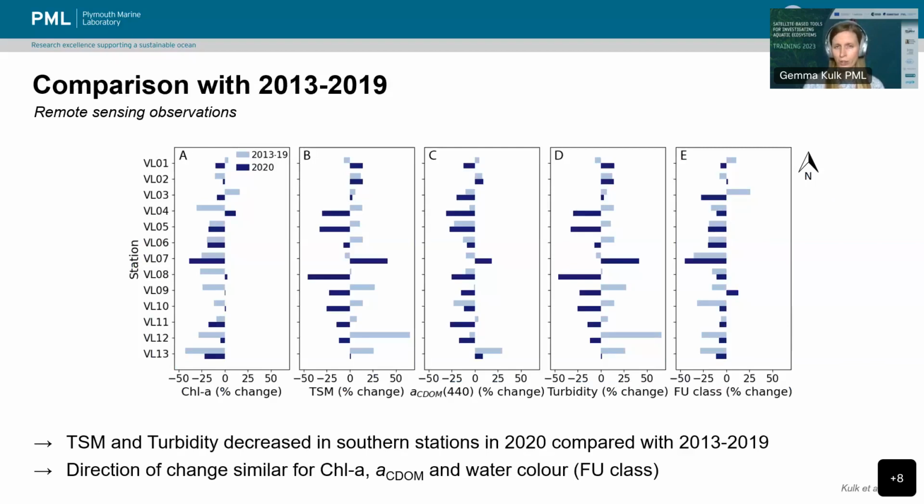While total suspended matter and turbidity typically increase between March and April each year, during 2020 we saw some strong decreases at the most southern stations. The direction of change was mostly similar for the other water quality indicators between 2013 and 2020.